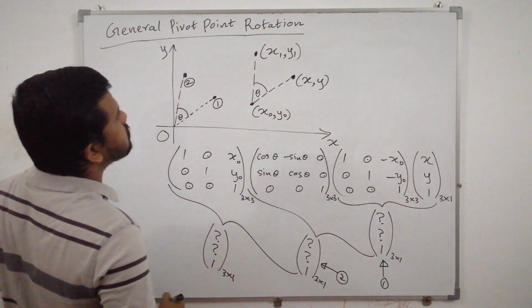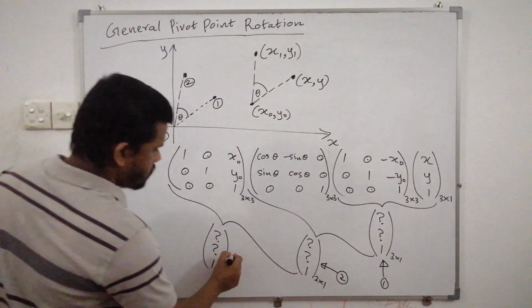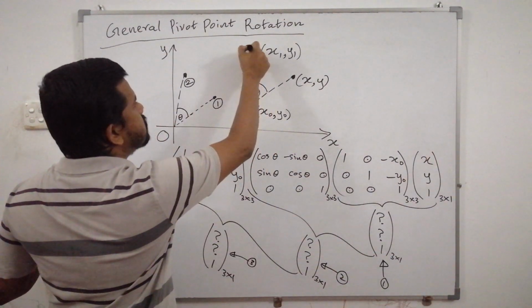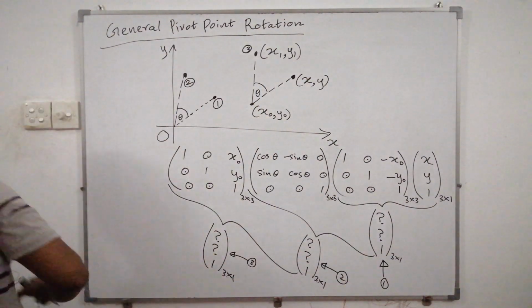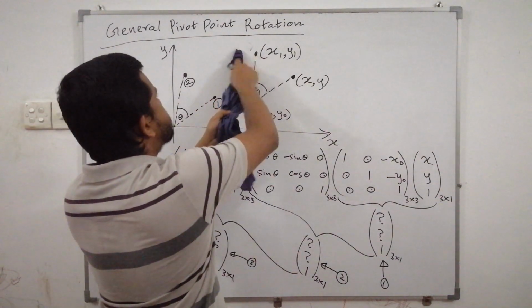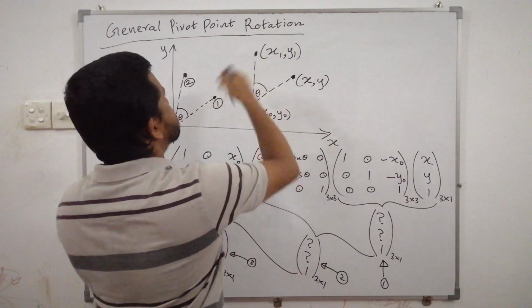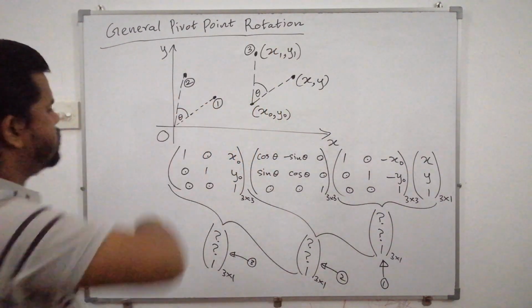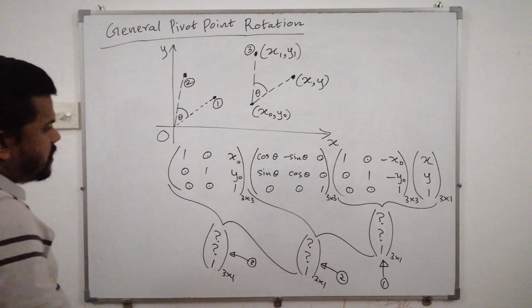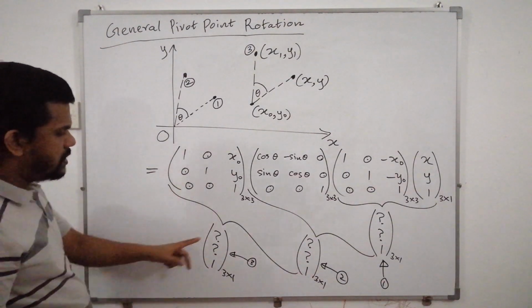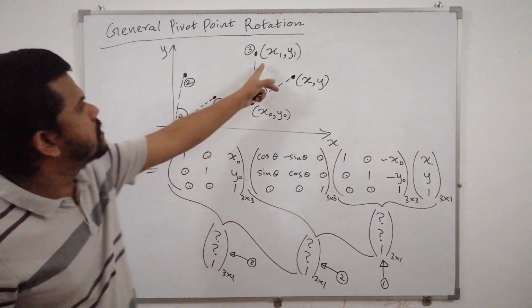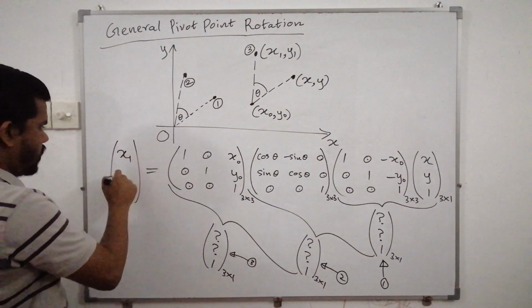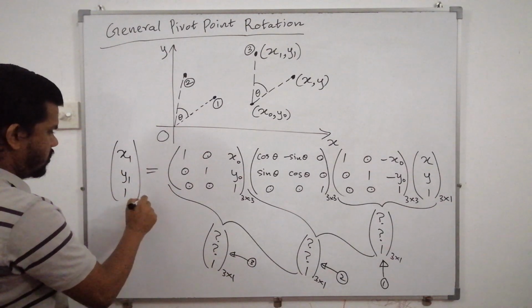Let's say this is position 3, which means these coordinates are x1 and y1. Therefore, here we have x1, y1, 1, 3 cross 1.